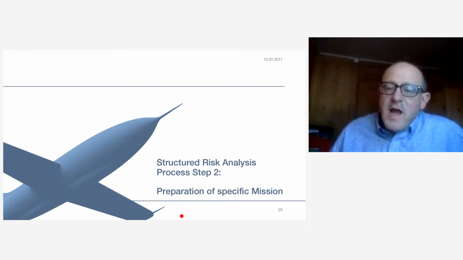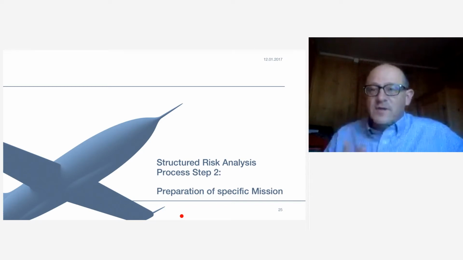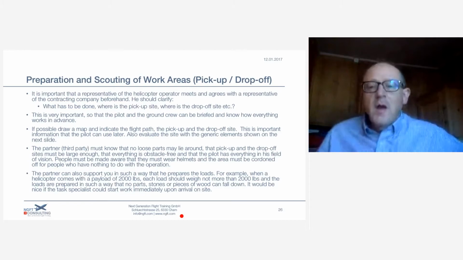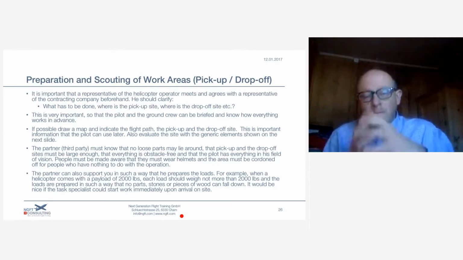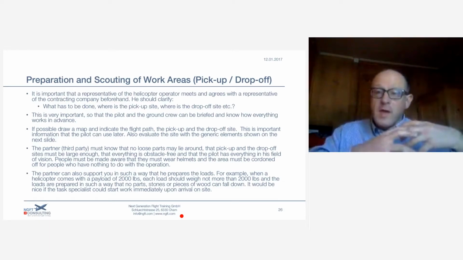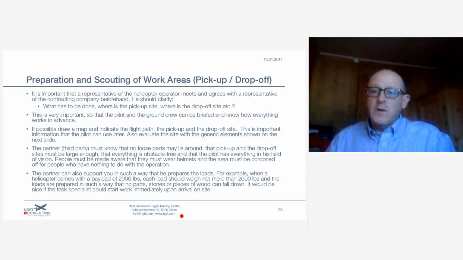Okay, so now once we have the first step done, next step is preparation for a specific mission. Okay, so now what we do here is we actually, ideally, go out and do preparation and scout. We look at the work area, the pickup, the drop-off, if we're performing sling load operations, or the area that we're going to fly over, that type of thing.